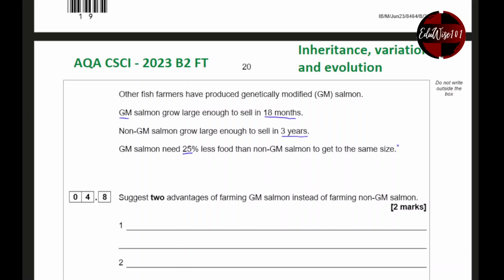Suggest 2 advantages of farming GM salmon instead of farming non-GM salmon. What are the 2 advantages, as I pointed out? GM salmon grow faster, right?